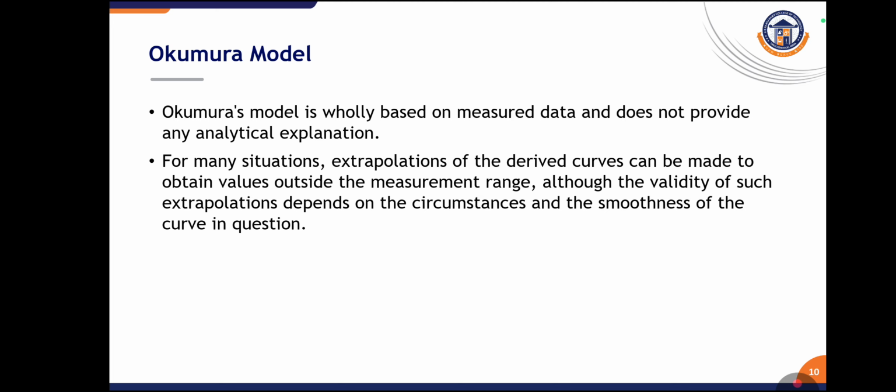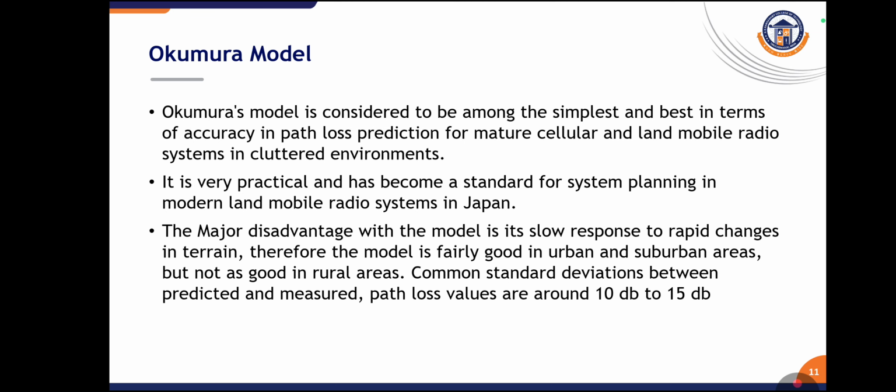For many situations, extrapolations of the derived curves can be made to obtain values outside the measurement range, although the validity of such extrapolations depends on the circumstances and the smoothness of the curve in question. The Okumura model is considered to be among the simplest and best in terms of accuracy in path loss prediction for mature cellular and land mobile radio systems in cluttered environments. It is very practical and has become a standard for system planning in modern land mobile radio systems in Japan.